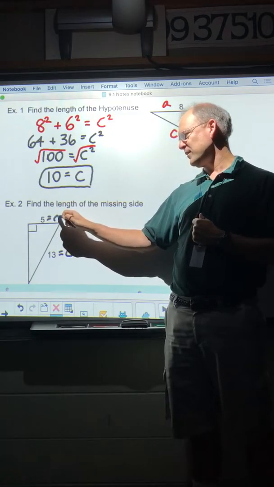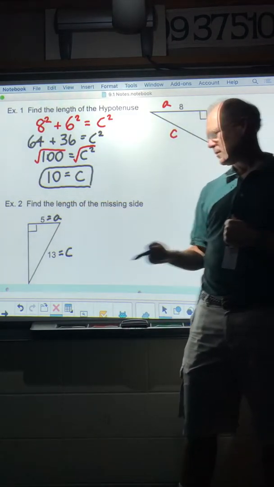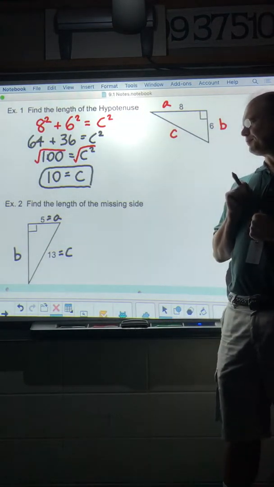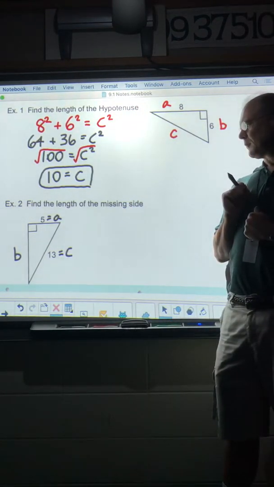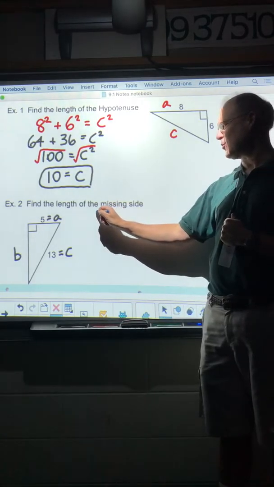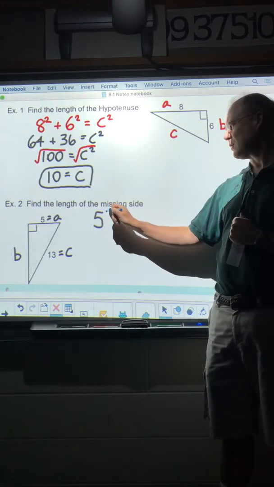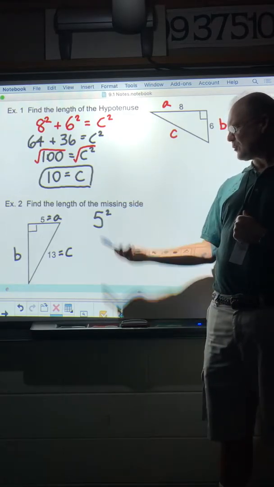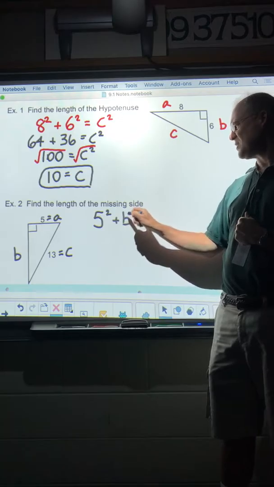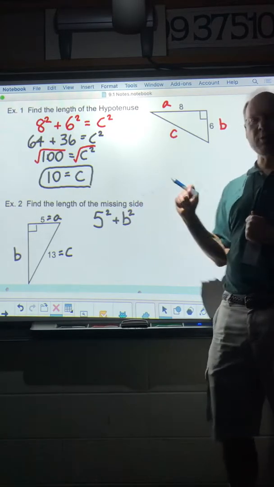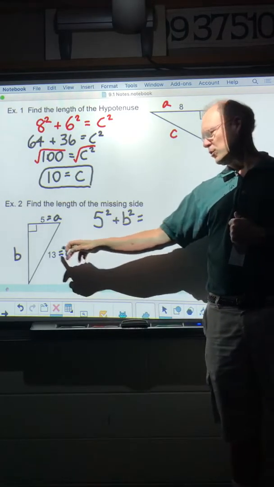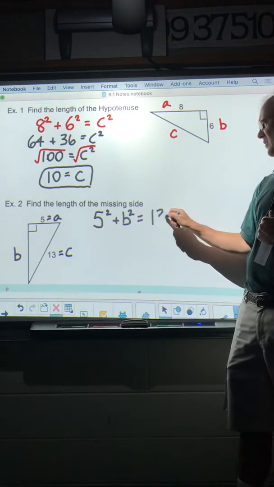And one of the legs is 5, so we need to find the other leg. Okay, so we still use A squared plus B squared equals C squared. So A squared would be 25 plus B squared. We don't know what B is in this problem, that's what we're finding. Equals C squared. C is 13.